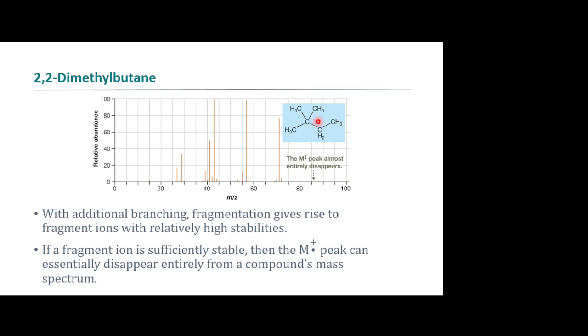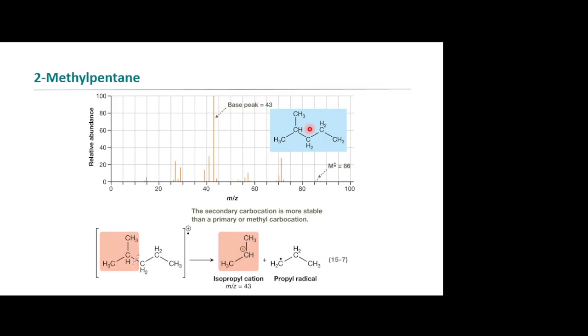Now, what do we see about this is that when we fragment this, this would actually be incredibly stable, wouldn't it? So when we generate a positive charge, this N plus here, this is not very stable. It just has the positive charge wherever, right? So in comparison to, say, this right here, this one's a lot more stable, isn't it?